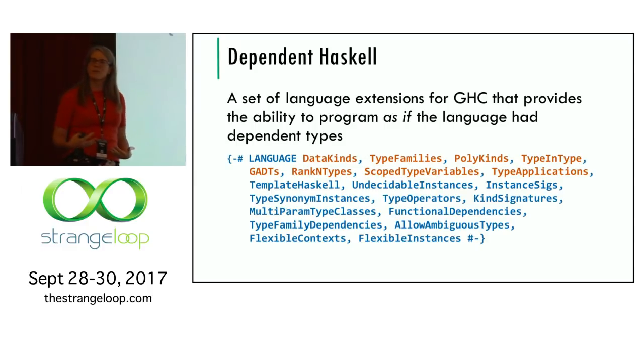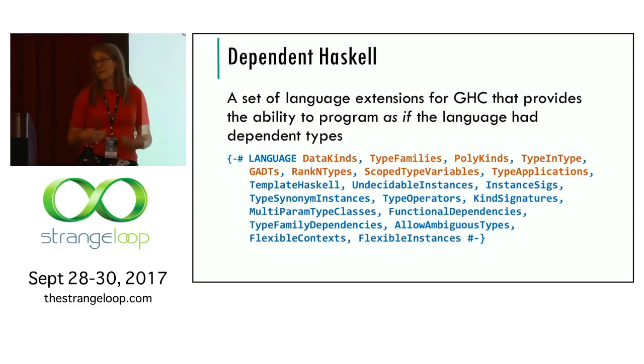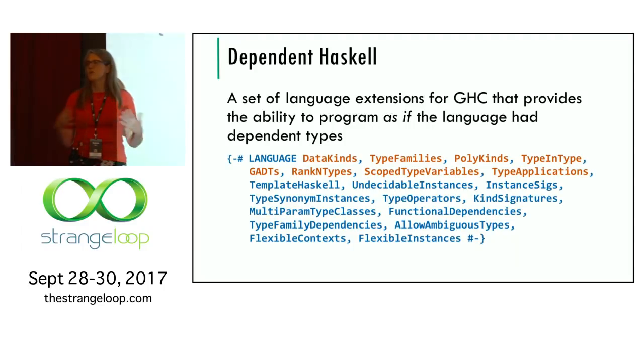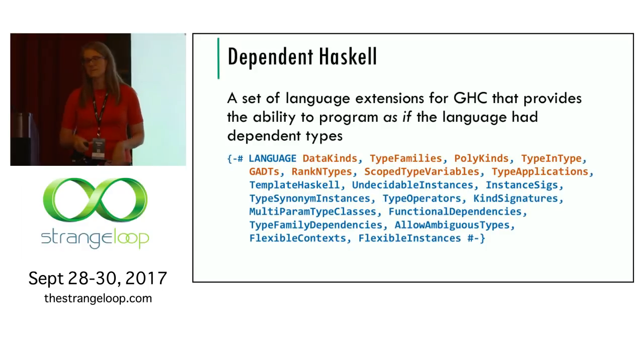Because when I program with these language extensions, I feel like I'm programming in a dependently typed language. So I want to explain how that works to you, and I'm going to do that by showing you an extended example of what I consider to be a dependently typed program written in Haskell.